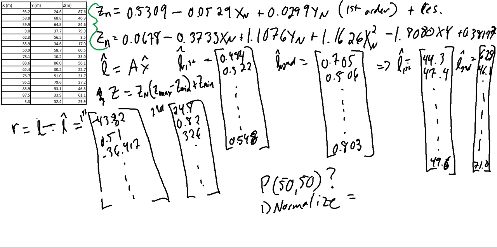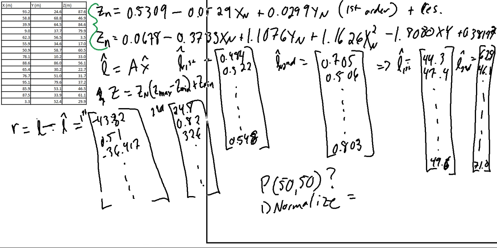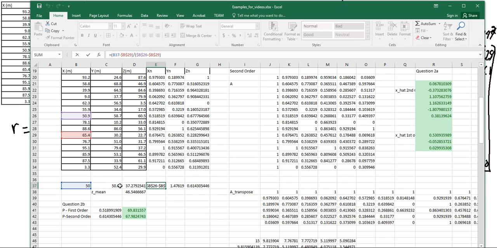I just realized I had an error in my calculation here. So the first thing, I'm going to bring this over because this is going to show you guys what I'm doing over here.